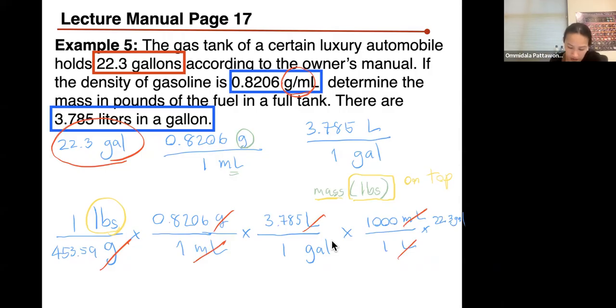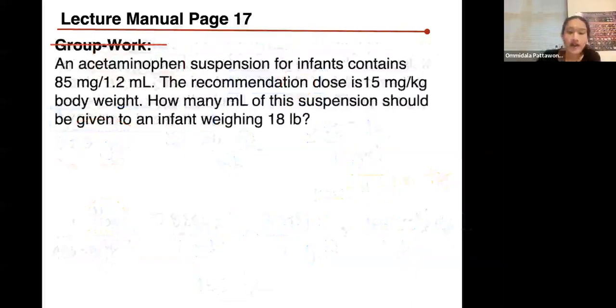Or if it's confusing, you can also put a placeholder 1 on the bottom, because if you write this in fractional form, it literally means it's divided by 1, and anything divided by 1 equals itself, right? If you do this calculation all together, you are going to get the same identical answer as what I showed you previously, which is 153 pounds.